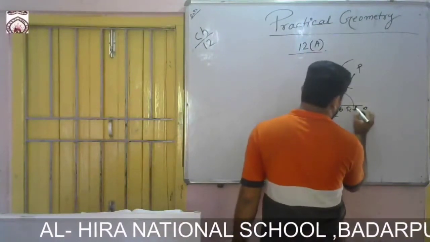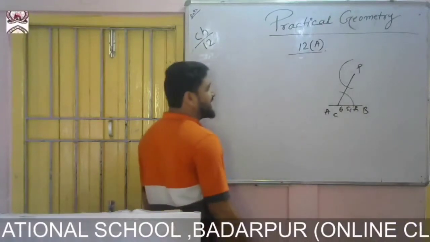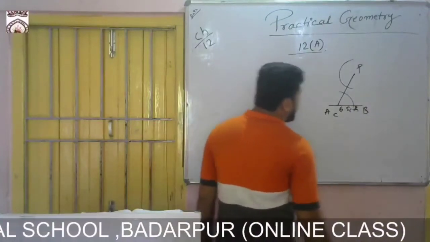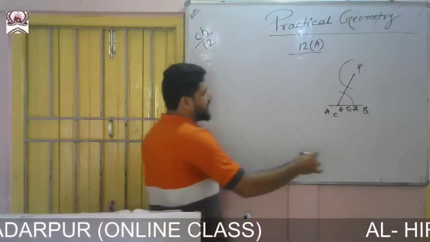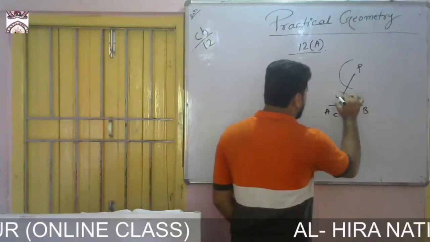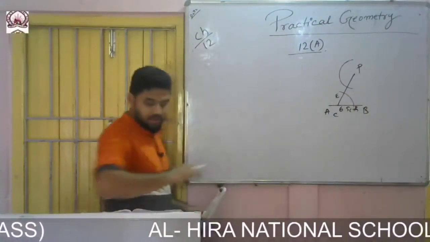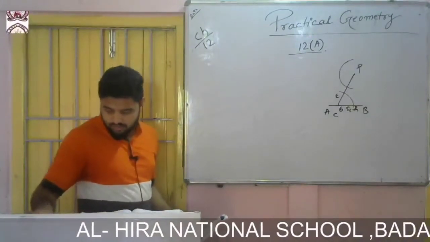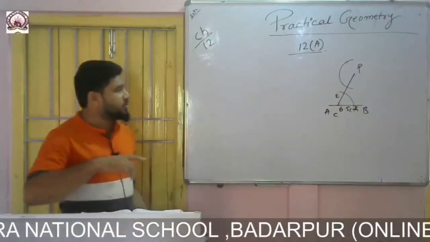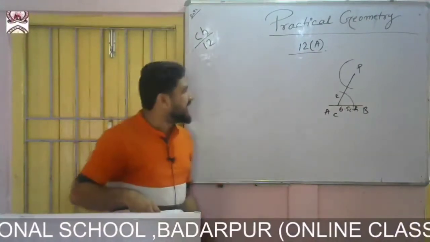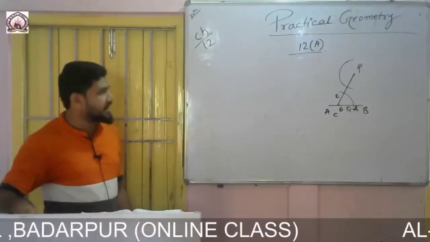Suppose this is D, that means the arcs intersect at D. And here you give E. Or you can give this one EP as one arc and this one as another arc.